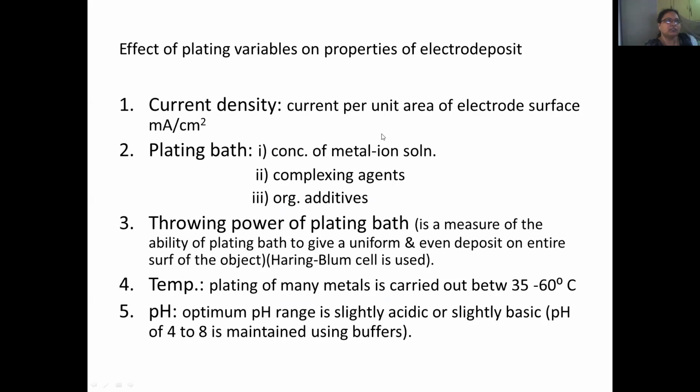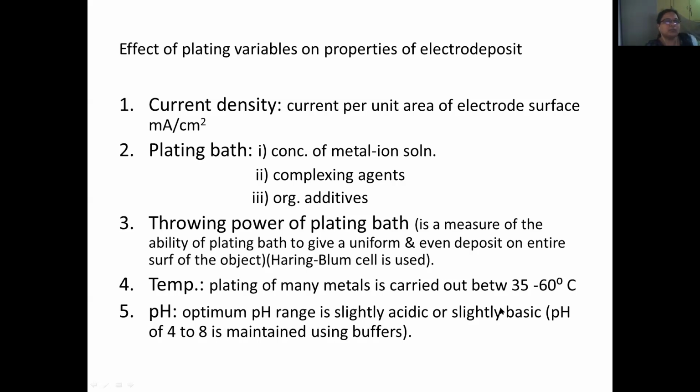Then current density, that is current per unit area of electrode surface. Then the plating bath, that is the concentration of metal ion solution, then complex reagents, organic additives. Then throwing power of the plating bath, that is the ability of the plating bath to give a uniform and even deposit on the entire surface of the object.